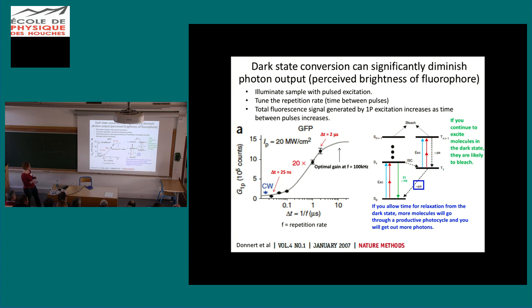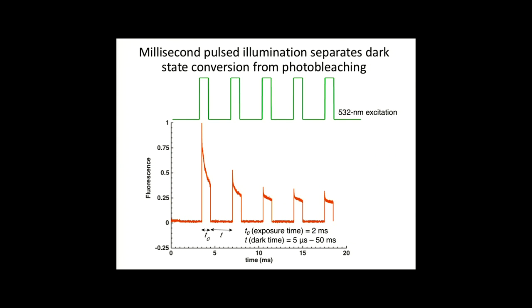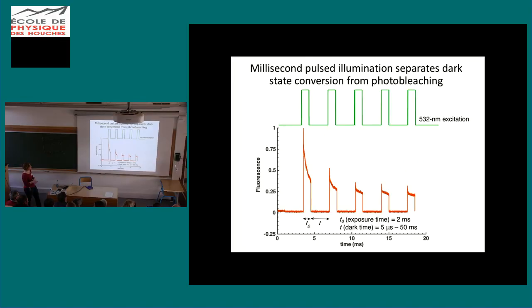They also show that if we use these fast repetition rates and we continue to excite the molecule while it's in a dark state, then we can ultimately just bleach the molecule.